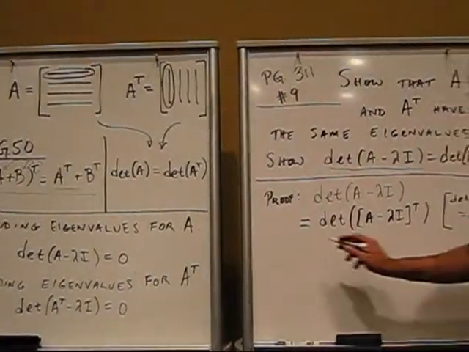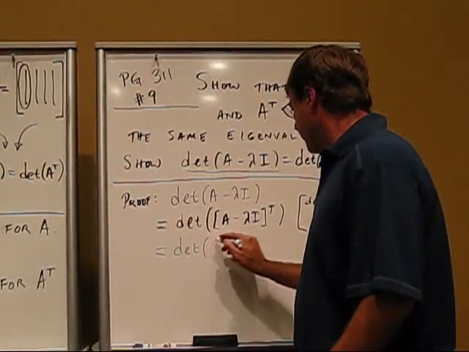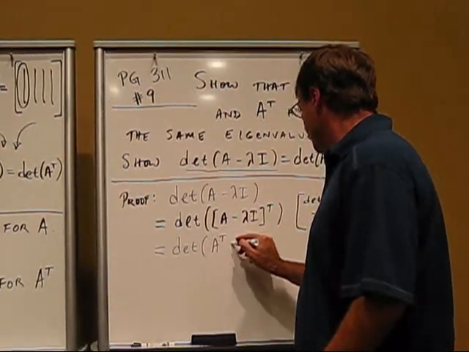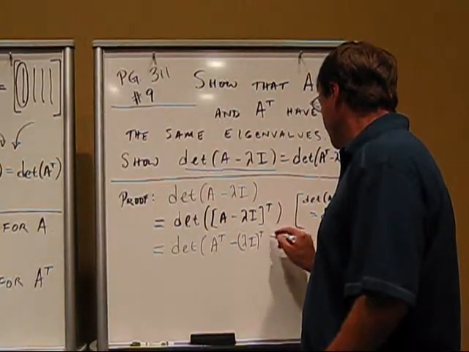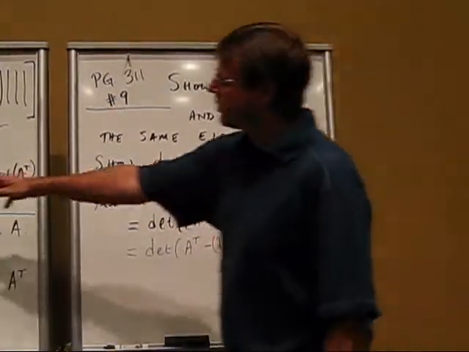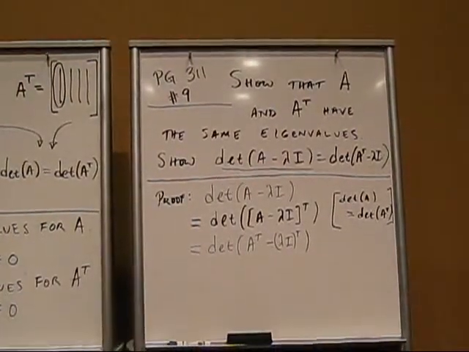So let's apply that here. This is equal to the determinant of A transpose minus lambda I transpose. That's just using this rule, just putting the T into each of the separate matrices.